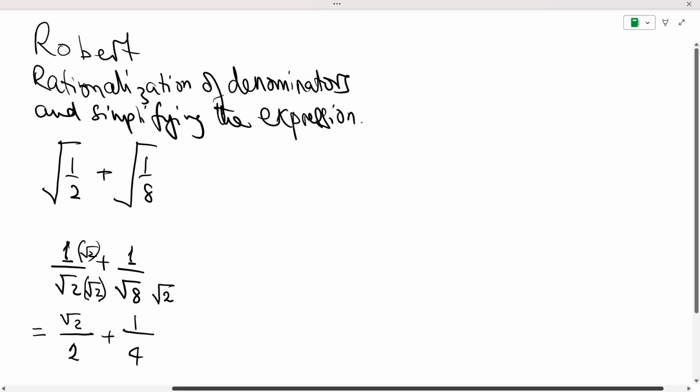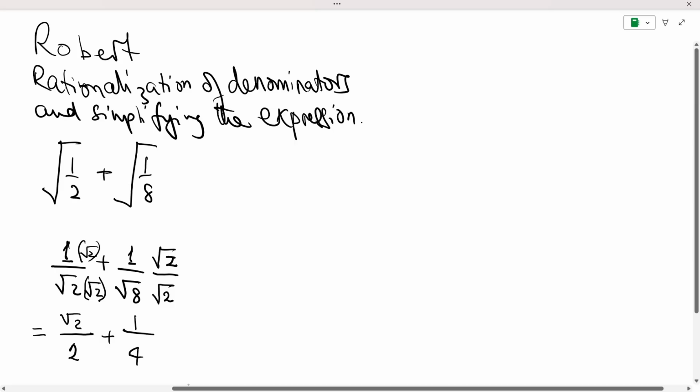So then, from here, oops, we forgot one thing here. Whatever you do to one part of a fraction, you must do to the other. So since we multiplied by root 2 here, we should also multiply by root 2 here.